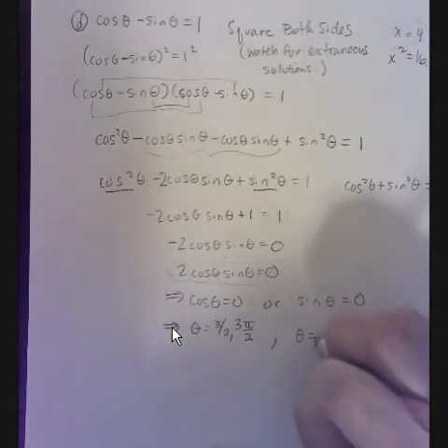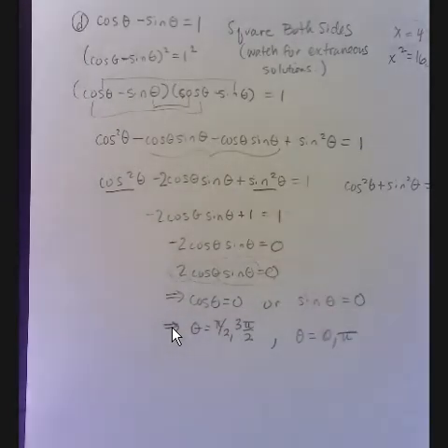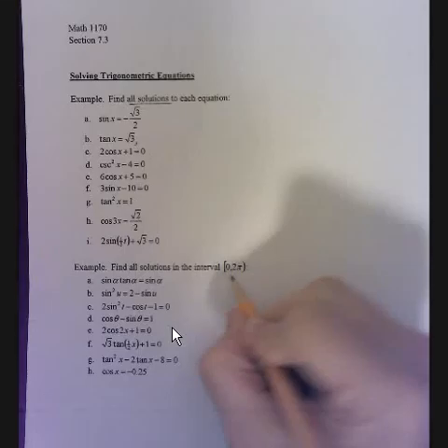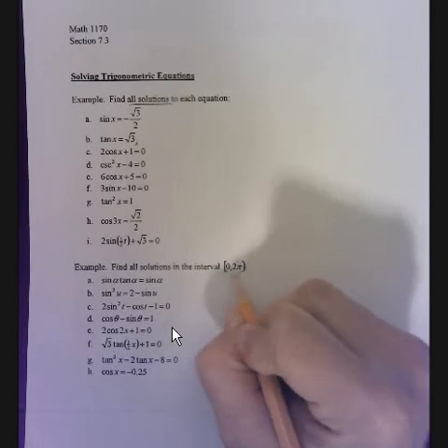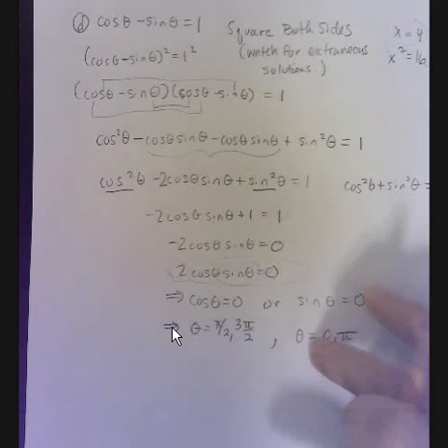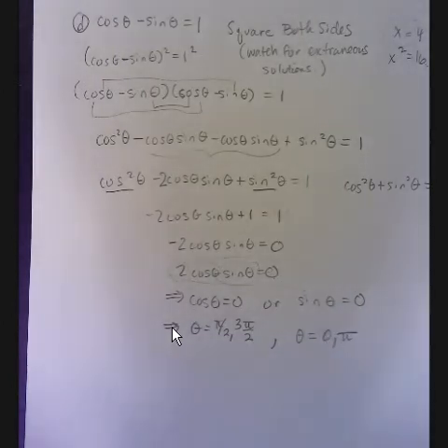Just because I like things in order, I should put 0 first and then pi, right? And you might be thinking, what about 2 pi? But notice in the problem, I did not include 2 pi because it's coterminal to 0. We only want to think about that happening one time in one trip around, not 2 times. Okay, so we have those 4 solutions.